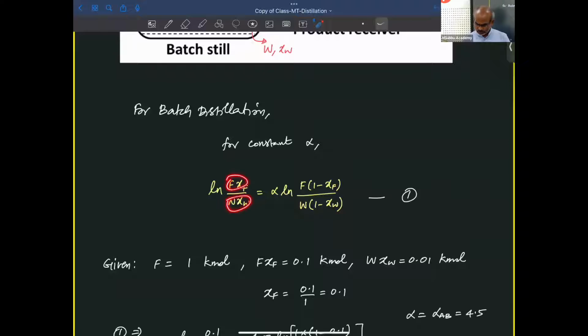This is the same for the other component, B. I think this equation is simple to understand and simple to keep in memory.